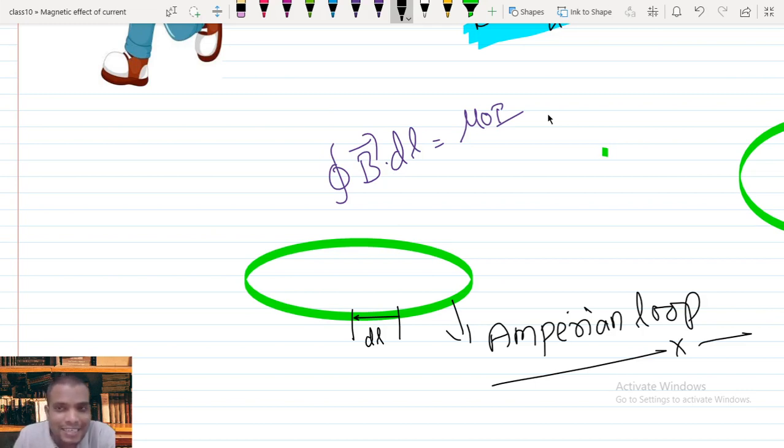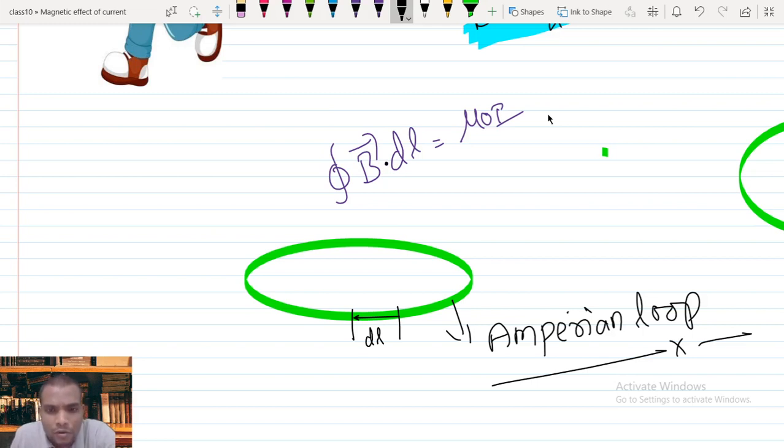We take that dl in the current carrying element in the Biot-Savart's law, not in Ampere's law. That one small change I am frequently repeating. Fix it in the back of your head.